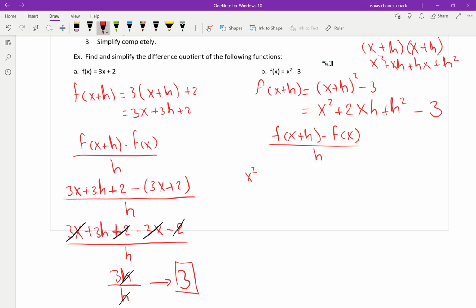x squared plus 2xh plus h squared minus 3. That is just this part right here, f of x plus h. And then minus, I'm gonna open up parentheses. The function f of x is x squared minus 3. All of this divided by h.